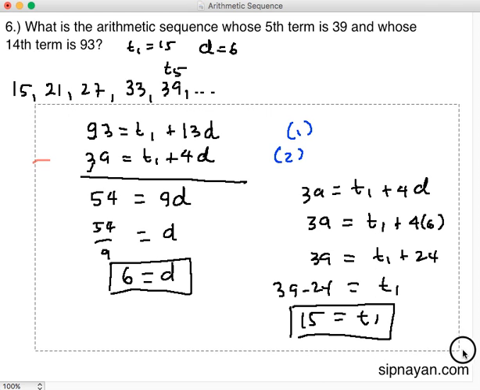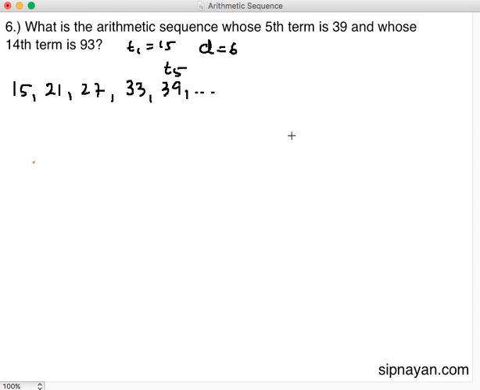Siguro check na lang natin para sure. 14 lang naman yun. So, plus 6, this is 45, plus 6, 51, plus 6, 57, plus 6, 63, 5, 6, 7, 8, 9. This is plus 6, 69. This is already t sub 10, so apat na lang.